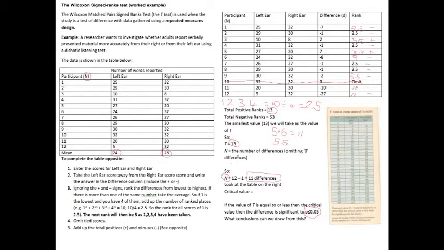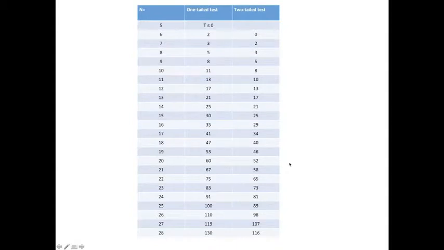We now have 2 main figures. We have a value of 13 for T, and we have our 11 differences, or 11 participants. This is where this table comes in. Let's have a look at this in a little bit more detail. It's a slightly different table because there are fewer participants, but it doesn't matter.